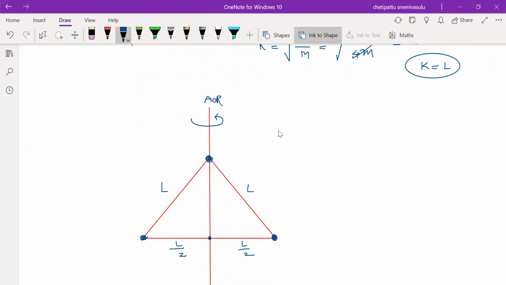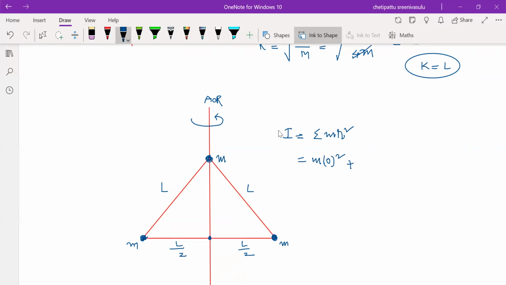From this axis of rotation, for each corner let us take mass m. Now the moment of inertia I equals mr square. Here for three masses you can take sigma mr square. So in sigma mr square, first m is on the axis, so there is no perpendicular distance.